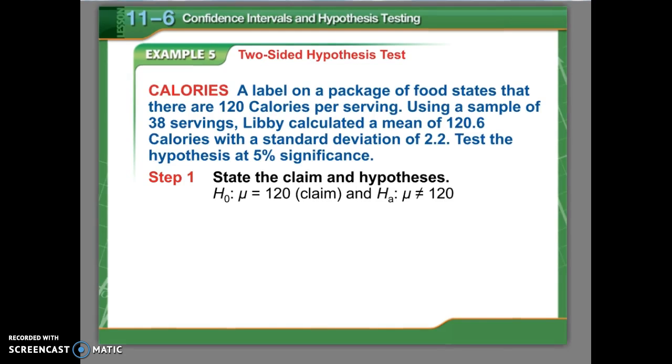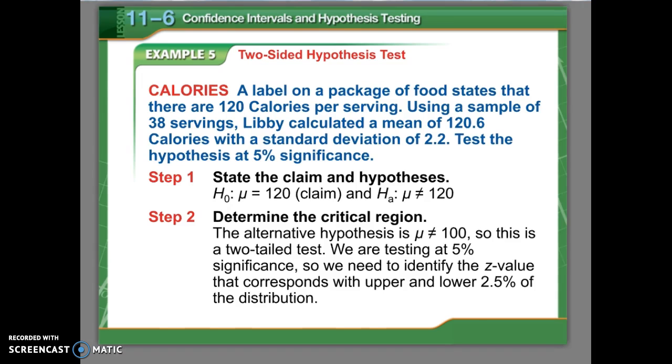So again, the first thing we want to do is figure out what's our claim and what's the hypotheses. So the claim in here is that there's going to be 120 calories per serving. That's what the label is telling us. That claim is exactly equal, meaning that that's going to be the null hypothesis.